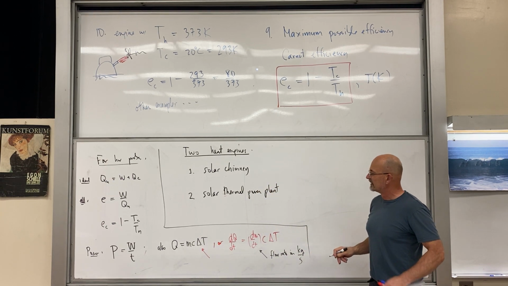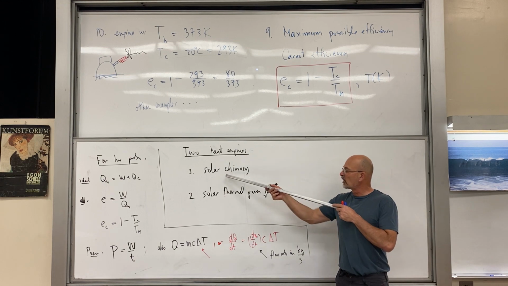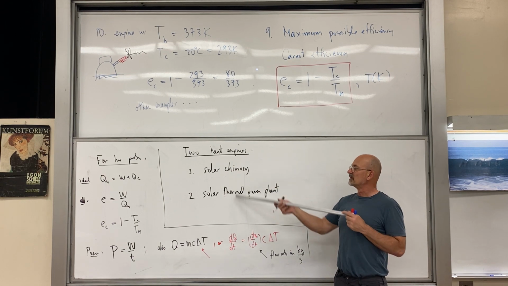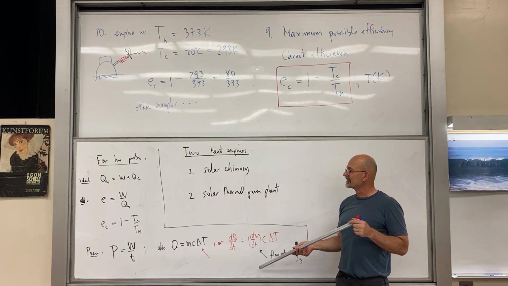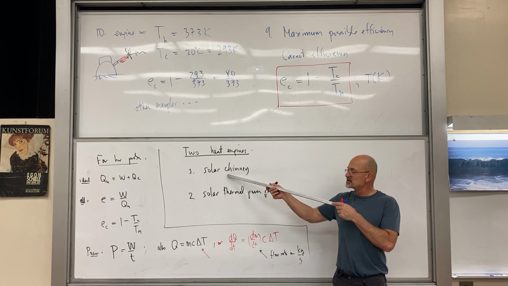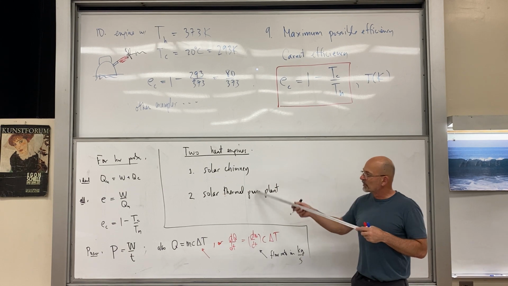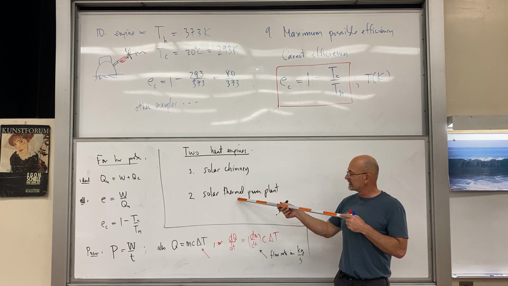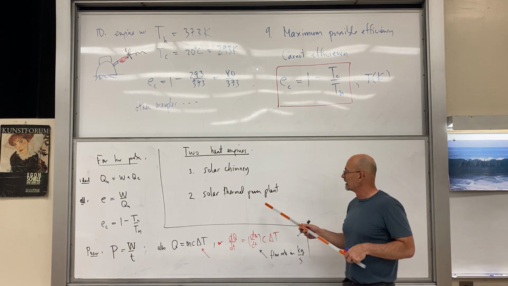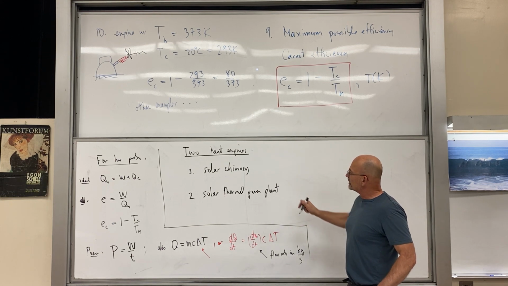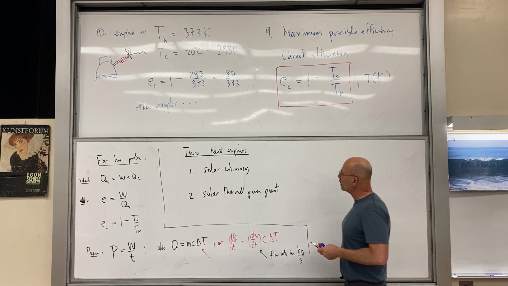And these are more, I wouldn't say theoretical, kind of pilot projects. We have major examples of these on the way out to Las Vegas. There's some of these even over in California. So let me describe both of these in terms of what we've just been doing.